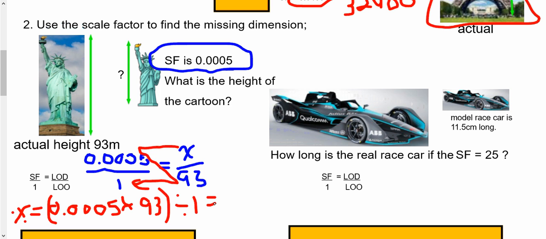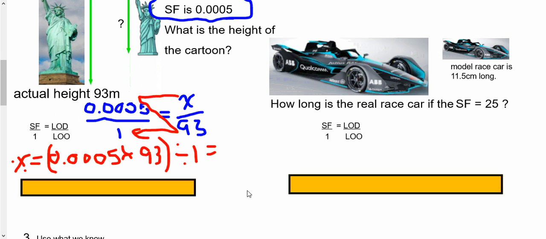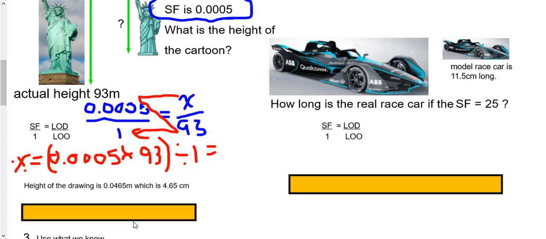I'm going to grab my calculator. 0.0005 times 93. The height of the drawing is 0.465 meters, which turns out to be 4.65 centimeters because there are 100 centimeters in a meter.